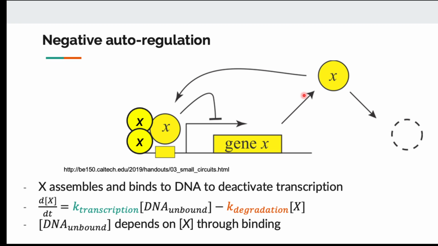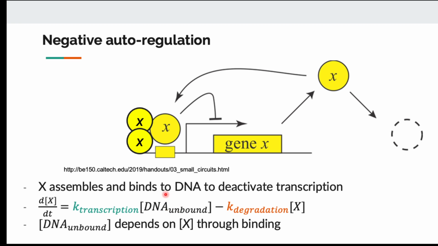If this protein can bind to the DNA, it's going to turn off the transcription. So the transcription activity is now not constant. In our model before, transcription was a constant, where we produce a certain number of molecules per minute.